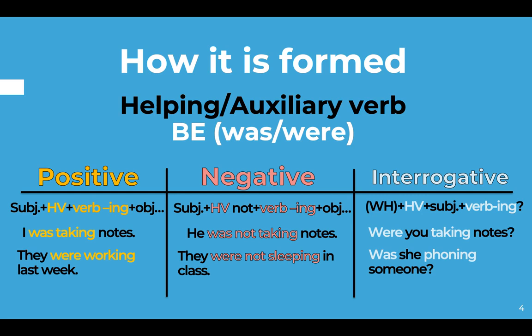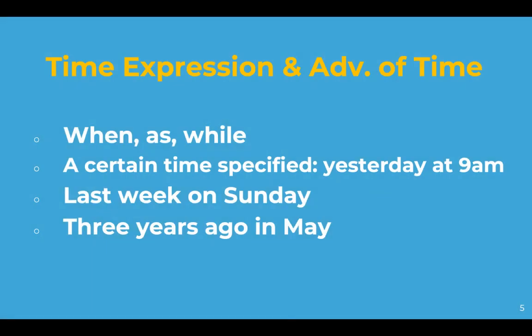And then something else, for example, the object or the time expression, if you have it. Were you taking notes? Was she phoning someone? Okay, so that's the 3 different sentences that we can have with the past continuous or past progressive.